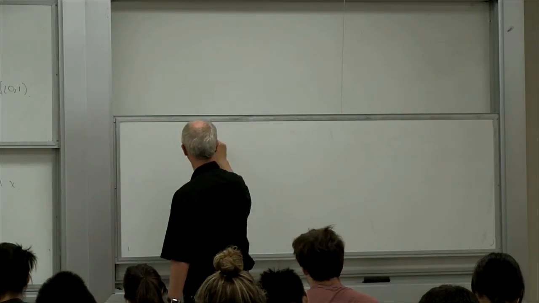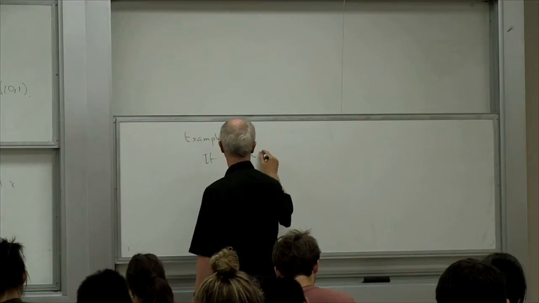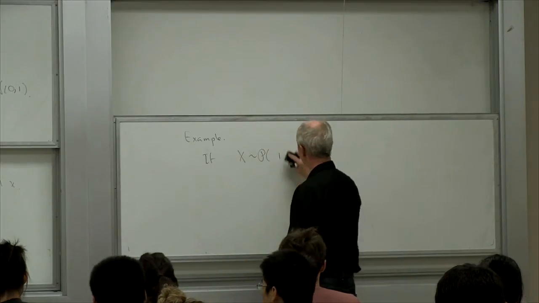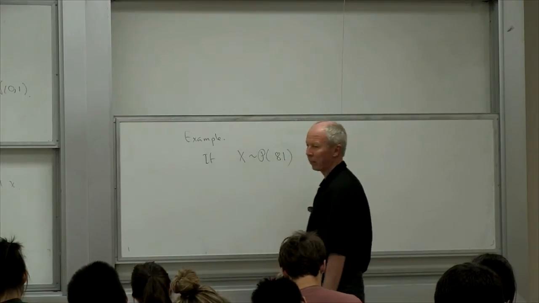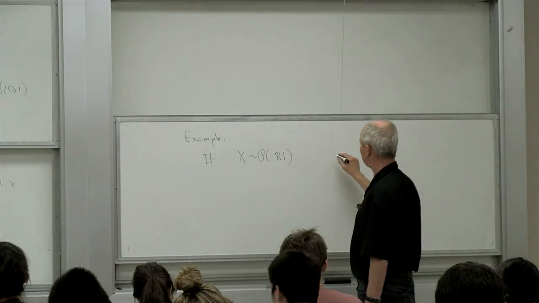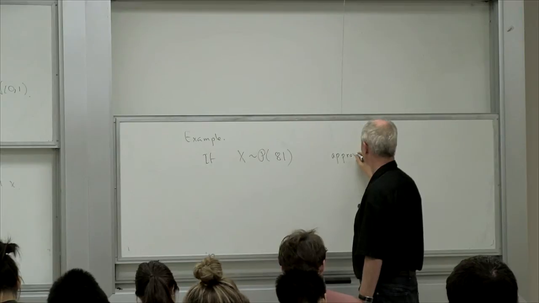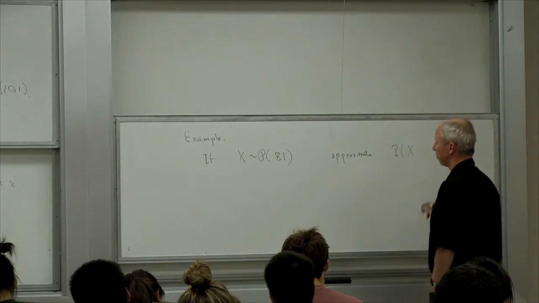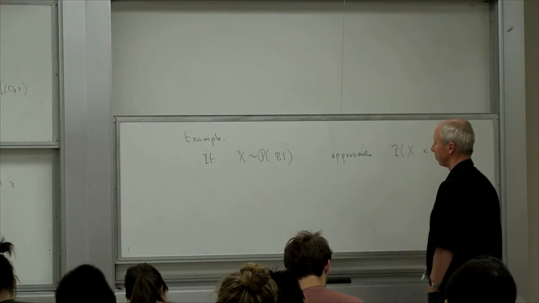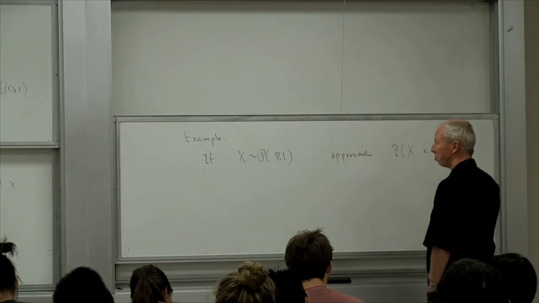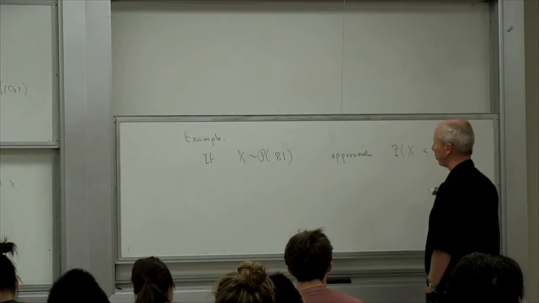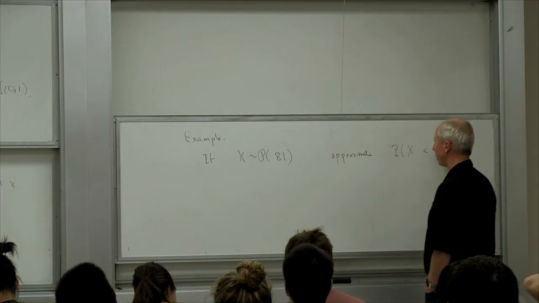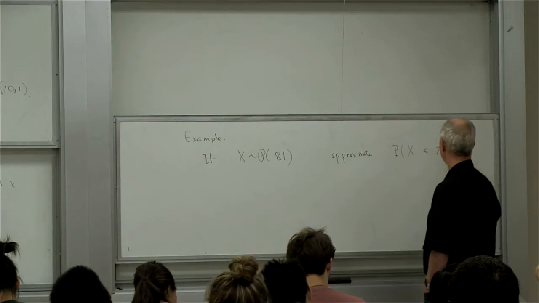So here's a quick example. If x is Poisson with parameter 81, I'm going to have to subtract lambda, 81, so let's just say 72.